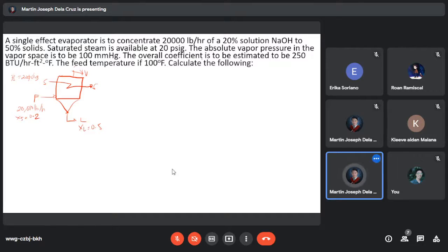And then you have vapor space. The absolute vapor pressure in the vapor space is to be 100 mmHg. So that is the pressure of your evaporator class, which is 100 mmHg. So you have a TF of 100 degrees Fahrenheit and then U of 250 BTU per hour feet squared degrees Fahrenheit.